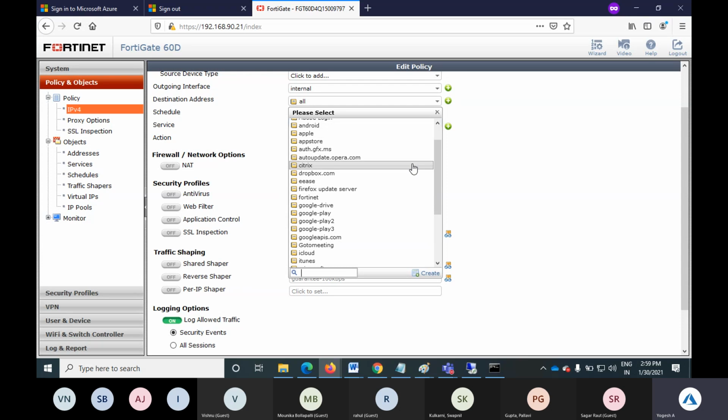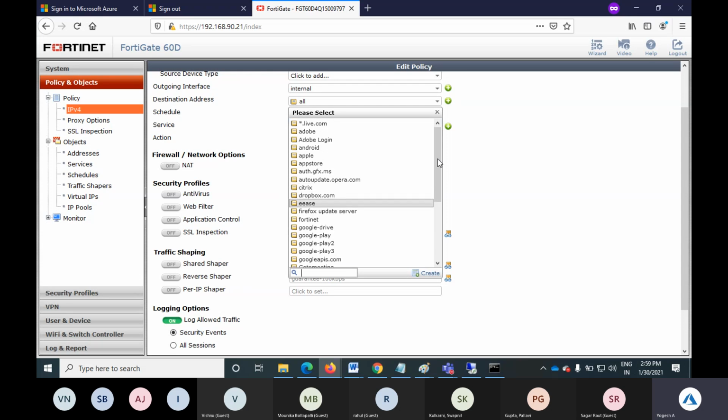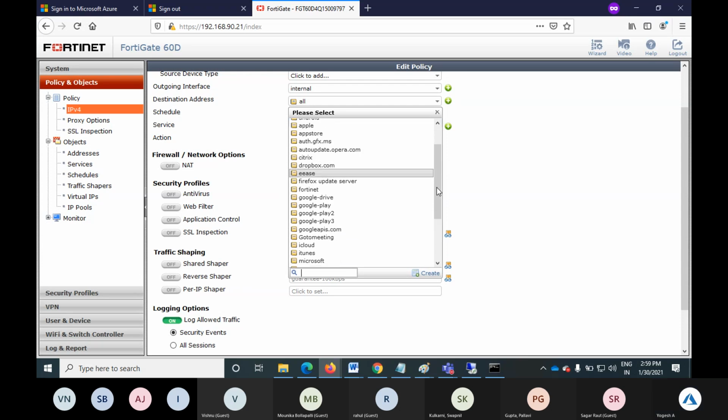Instead of all, we can have a specific address as well, which we have added.